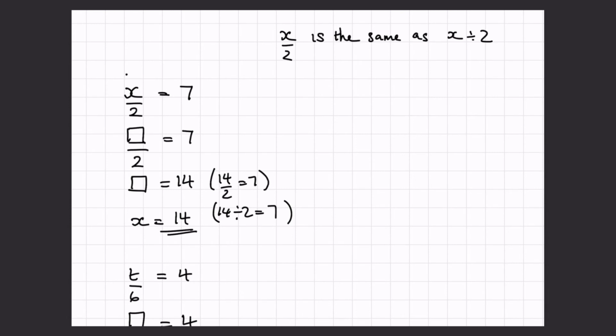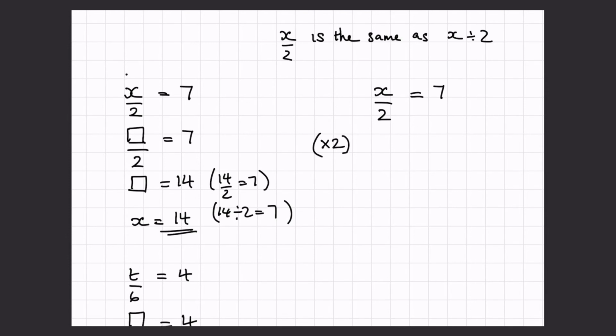And finally, x divided by 2 is equal to 7. We need to get the 2, which is a division, over to the other side. You might already know where I'm going to go with this. If I've got a number and I'm dividing it by 2, the opposite of dividing by 2 is multiplying by 2.